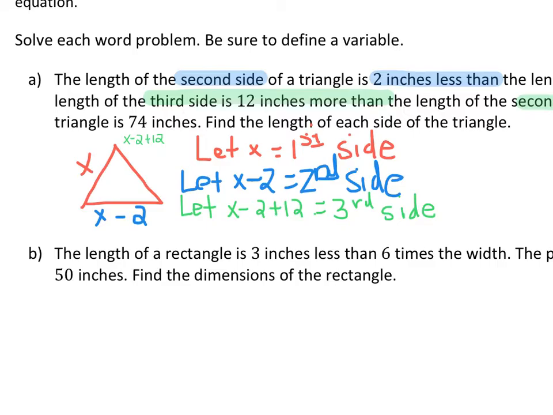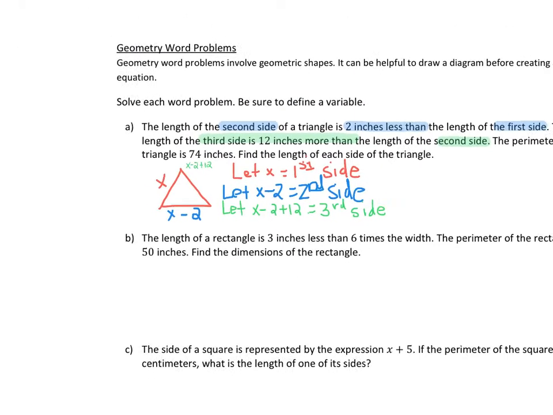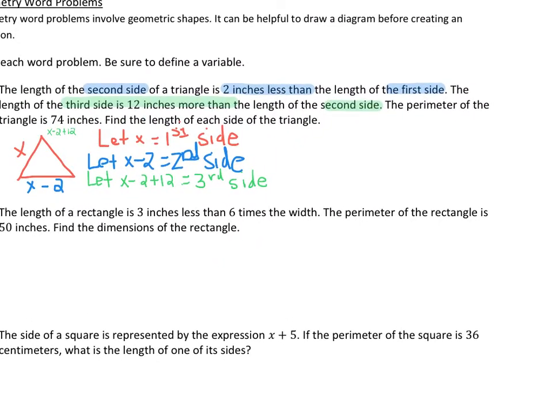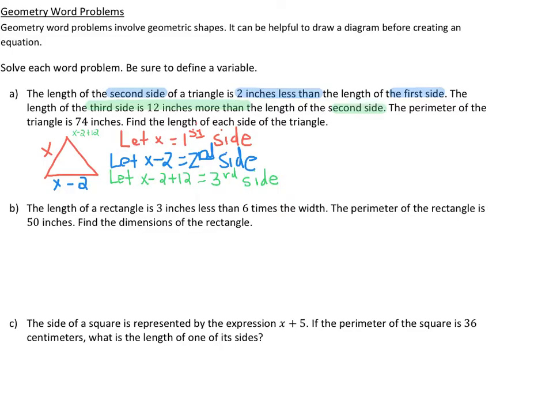Okay, we have a diagram, we have our let statements. So let's actually write an equation and solve. It says the perimeter of the triangle is 74 inches. Perimeter is when you add up all the sides.